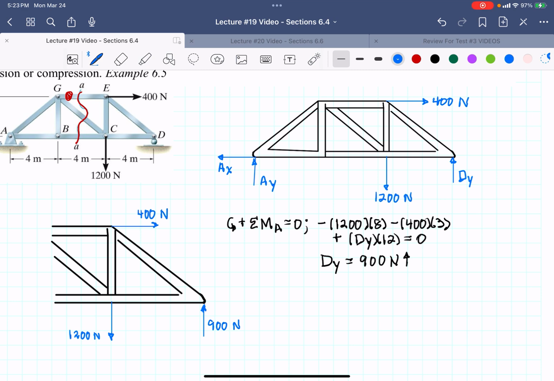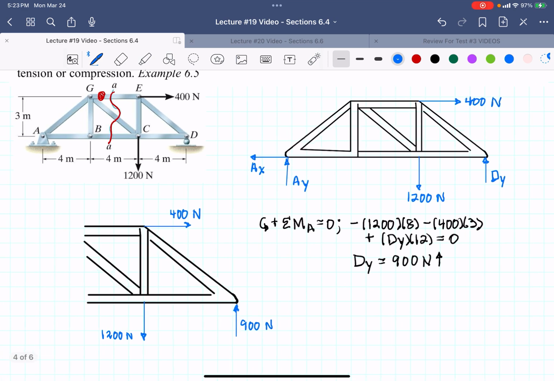And then the only other thing I have is that I need to identify my unknown forces. I'm going to assume they're all in tension, so they're all going away from the joint. So I'm going to have one force here that is FGE.